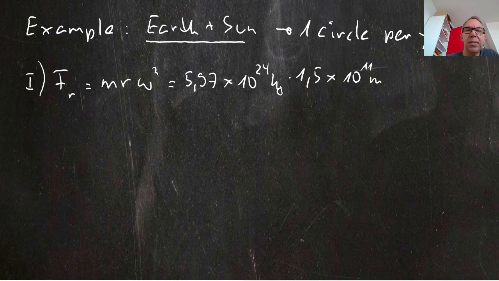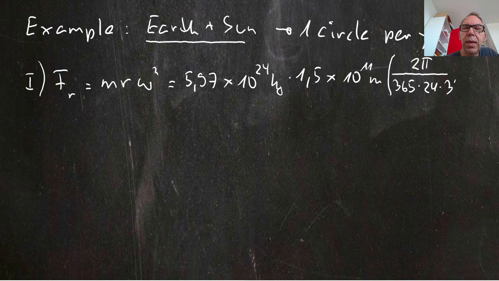And now we need the omega to the power of 2, and omega is 1 circle per year. So 1 circle, the angle is then 2 pi, and a year is 365 days times 24 hours times 3,600 seconds, squared.